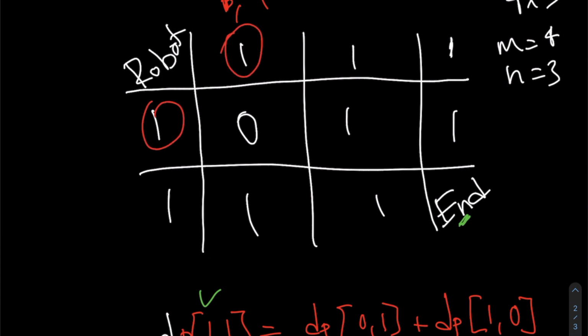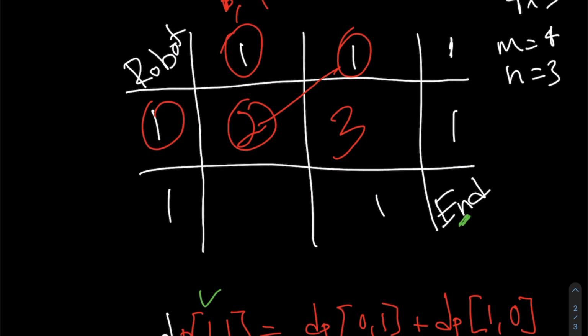So let's go ahead and write 2 here. Right? And then let's follow that to here. So here it would be 2 and 1, which is 3. And so let's go down here. So in this case it'd be 2 and 1, which is 3.